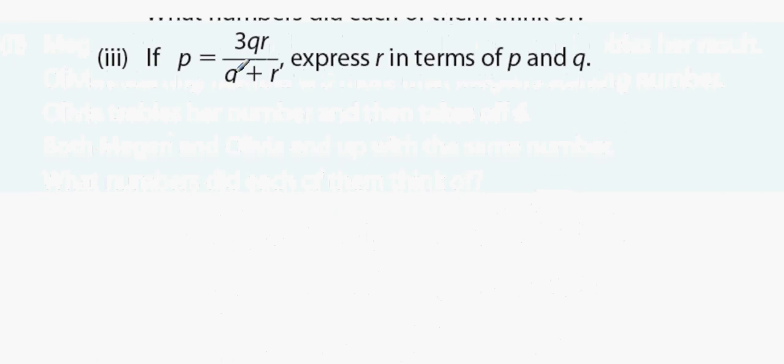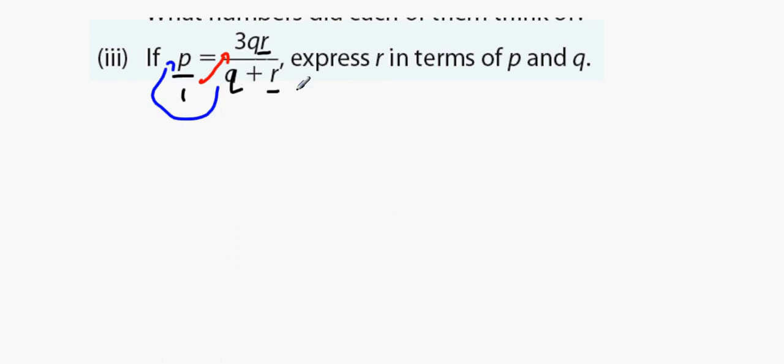Next one. Please express R in terms of P and Q. R is popping up twice, alright? Now our first rule is if we can cross multiply it, we do it. Blue line, red line. Okay?